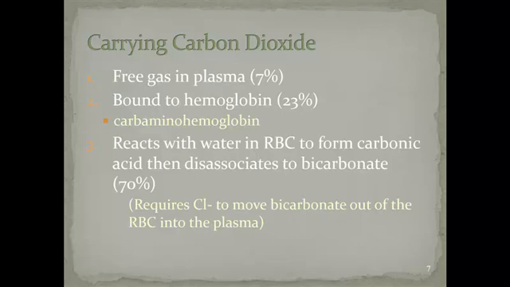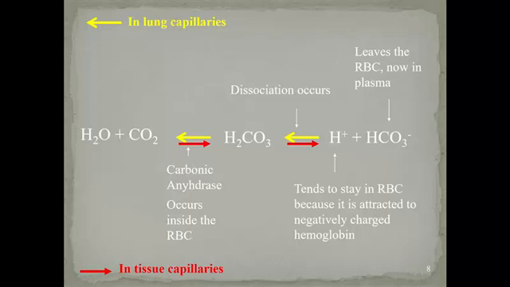So let's look at this equation in more detail. The equation is across the middle of the slide here. As carbon dioxide diffuses into the blood, it mixes with the water inside the red blood cell, and an enzyme called carbonic anhydrase converts it to H2CO3, also known as carbonic acid.